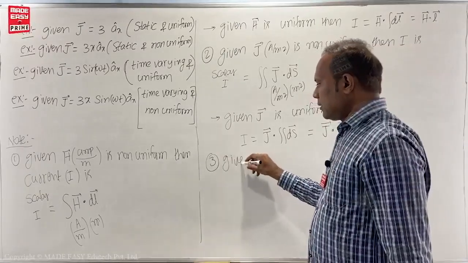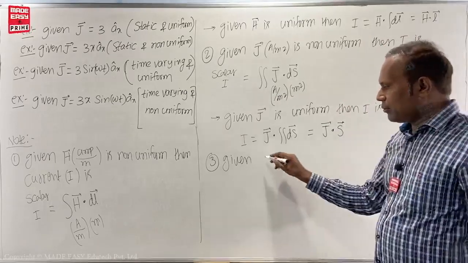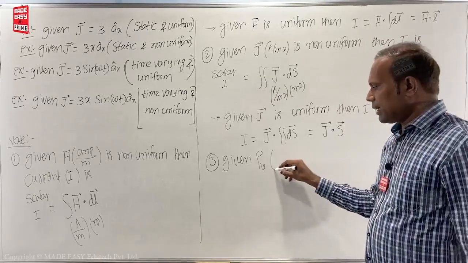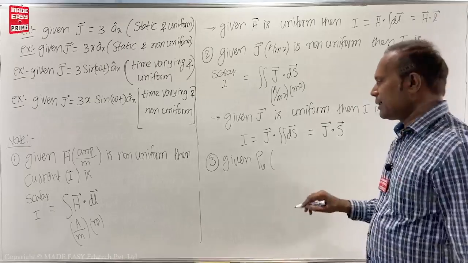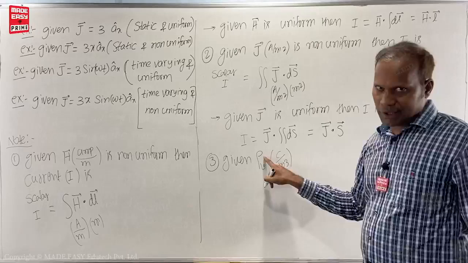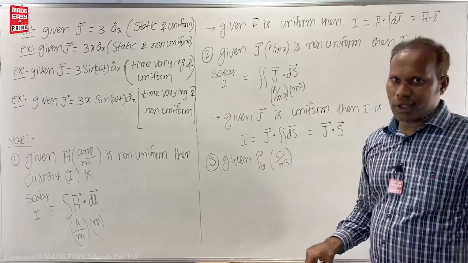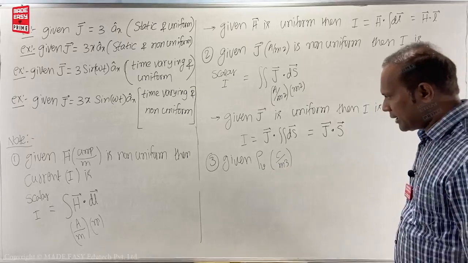So given like this, I will tell you later on rho v, that is volume charge density. It is coulomb per meter cube, that is volume charge density. Rho v, v means volume, rho is the symbol of charge density, rho v volume charge density.